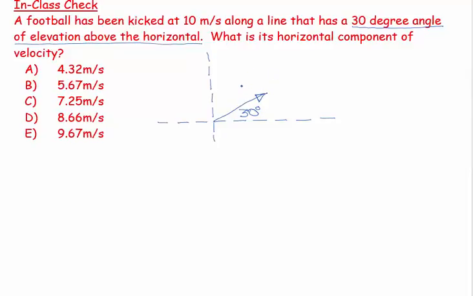The actual size of the vector is 10 meters per second because it's a velocity vector. Let me make this a little bit longer so I can make my diagram a little bit clearer. The game we're playing is we're trying to find the horizontal component.